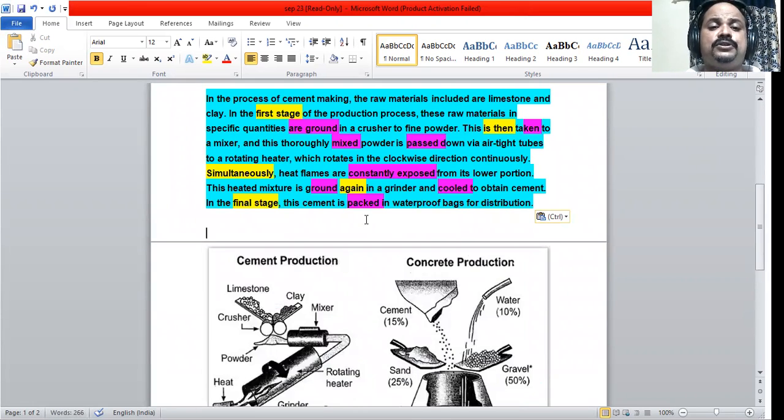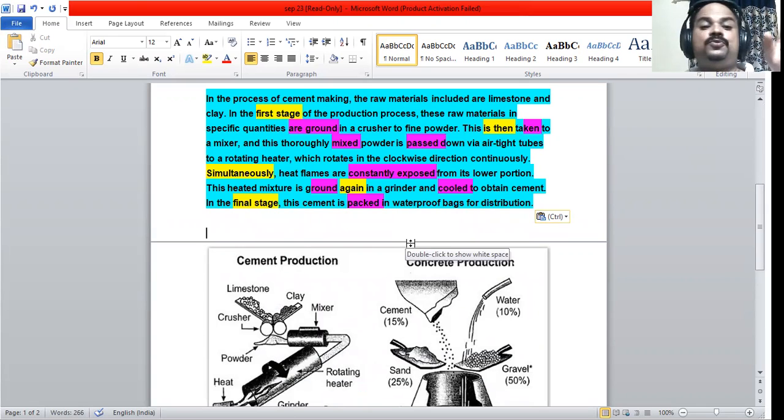In the process of cement making, the raw materials included are number 1, limestone, number 2, clay. These are the raw materials which are used in the cement making process.